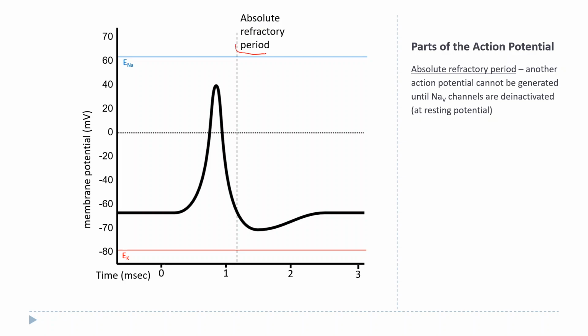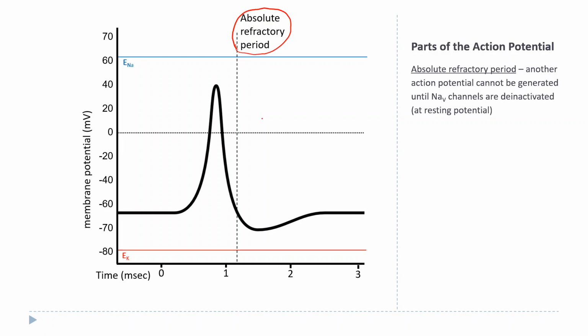We call that the absolute refractory period. So the absolute refractory period is defined by when those sodium channels are able to be opened again. Again, they cannot be opened until the membrane potential gets down below that threshold, or what we say is that the channels have to be de-inactivated in order to hypothetically open again.